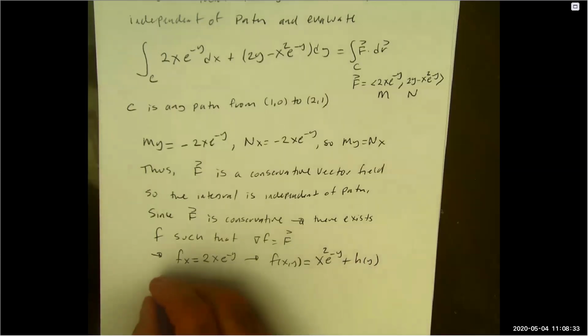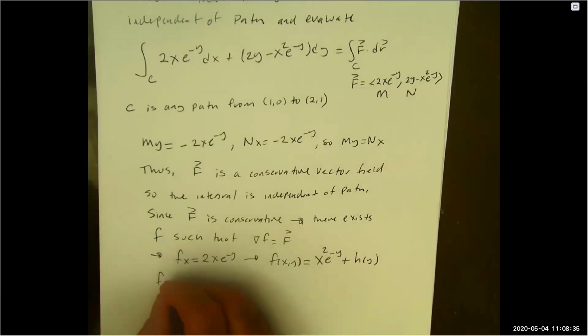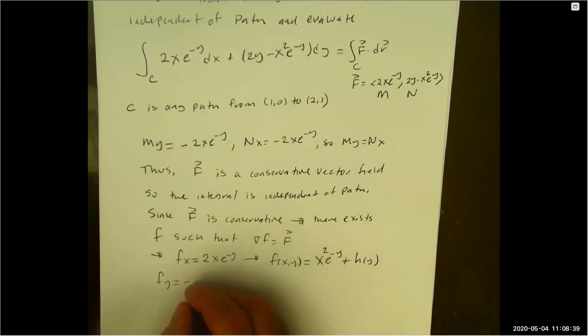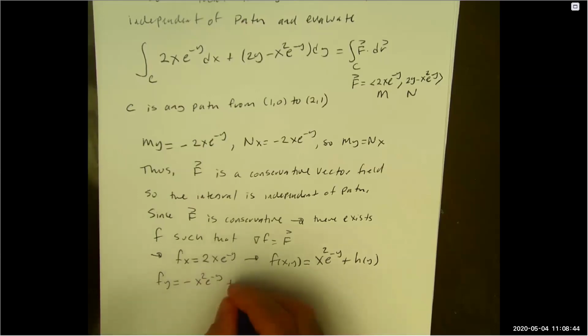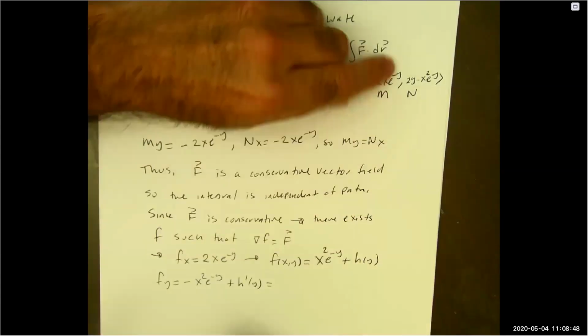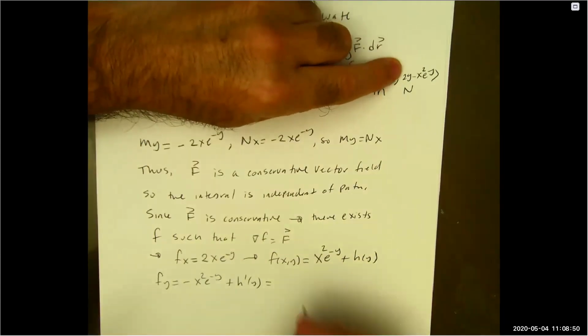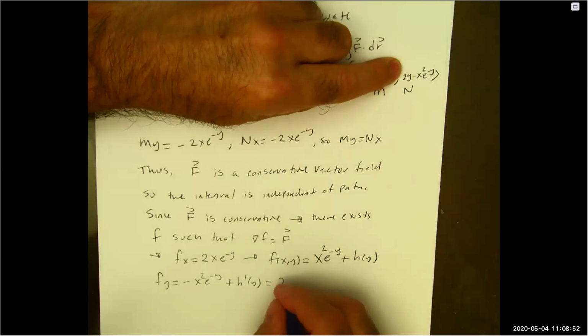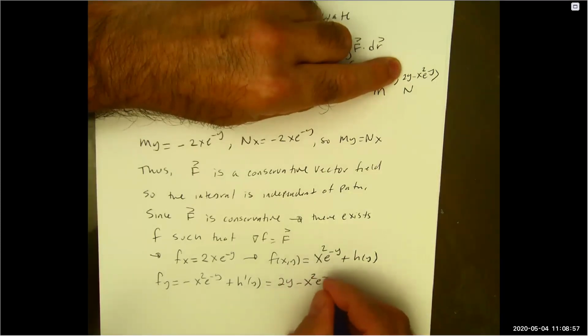All right, so now we also know that fy, which is going to be equal to minus x squared e to the minus y plus h prime of y, has to be equal to your N component here. So this is equal to 2y minus x squared e to the minus y.